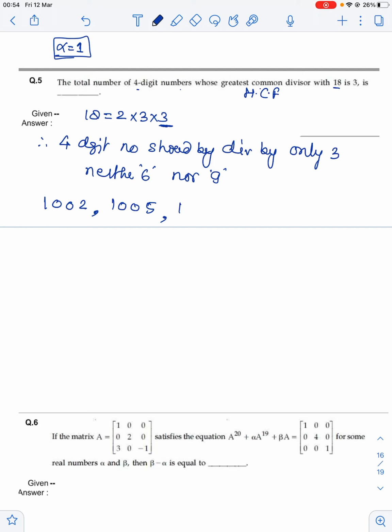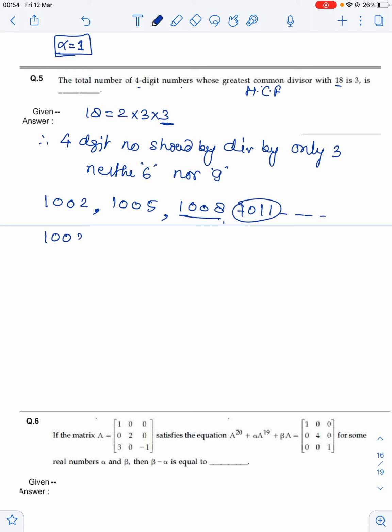Now 1008 is divisible by 9. So next is 1011. So this is the term which is divisible by 3, neither by anything else. So the terms will be 1002, 1011, and the last term will be 9993. So this is divisible by 3, but not 6 and not 9.